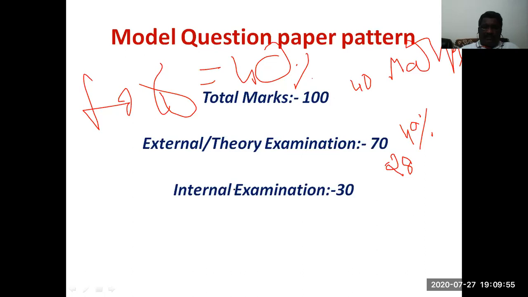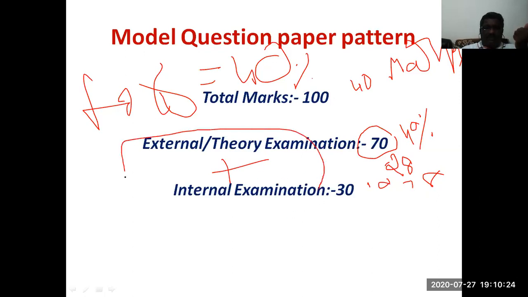But in the internal examination, there is no limit for pass marks. If a student got 1 mark or 0 marks or 7 marks or 8 marks, it should not be any problem to the students. But overall, the combined internal and external marks must reach 40% compulsorily.